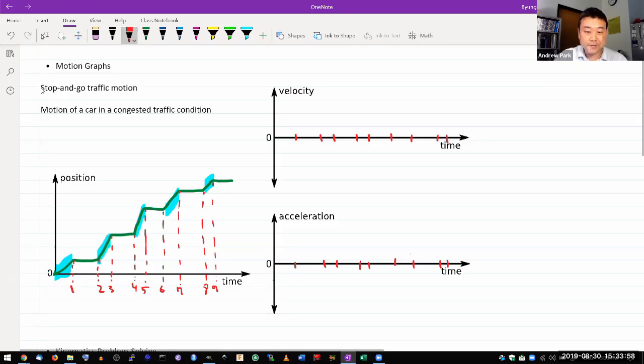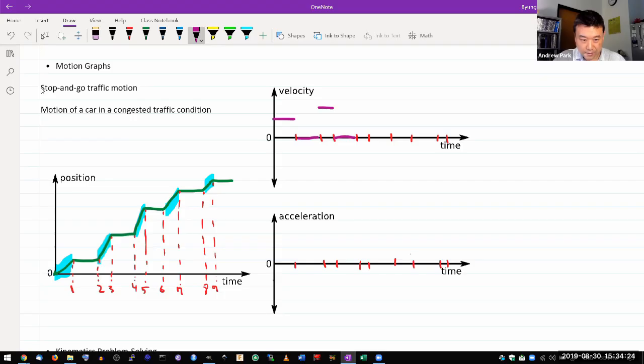And I'm just going to sketch out what velocity and acceleration look like at those different times. So from 0 to 1, I have constant positive velocity. So this is the velocity from 0 to 1. And then I have constant but 0 velocity. So that's 1 to 2. And then I have constant velocity, which I guess I drew faster than the first one for some reason.